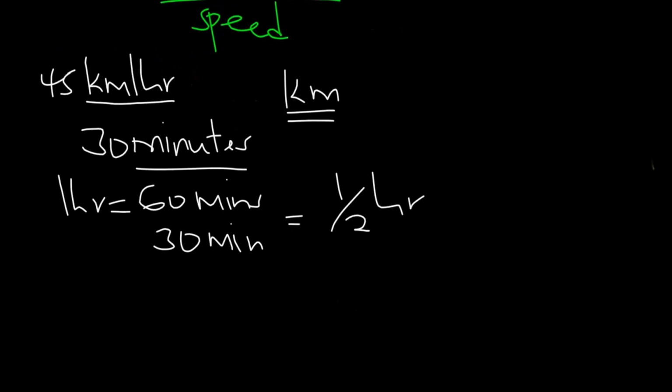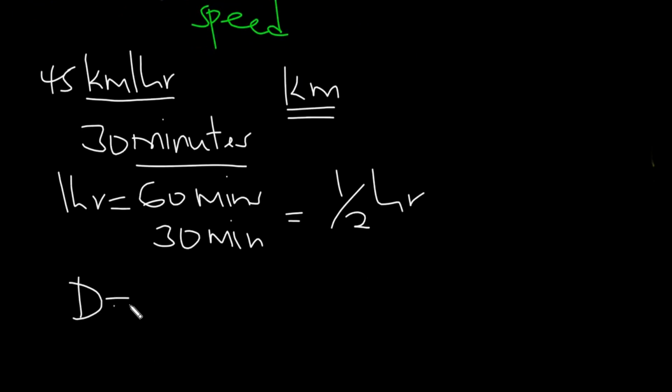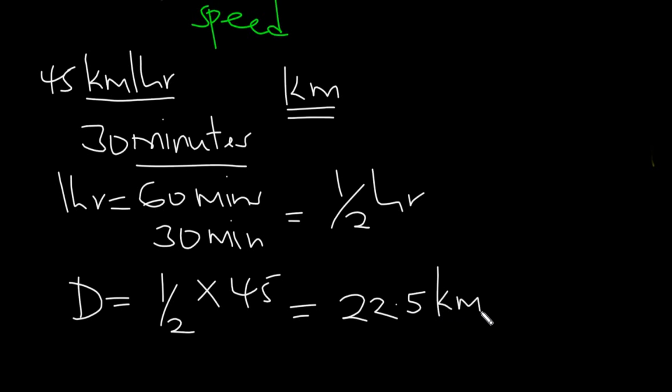So to get distance, we're now going to multiply time, which is half an hour, by speed, which is 45 kilometers per hour. So this is going to give us 22.5 kilometers. Okay, so in 30 minutes this cyclist will have covered 22.5 kilometers. Let's also look at another example.